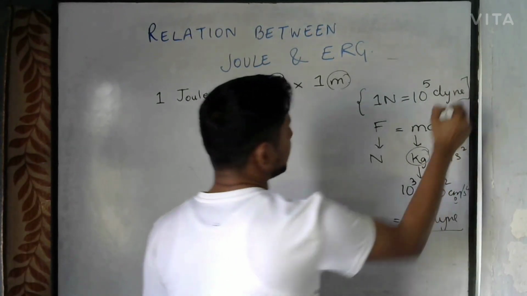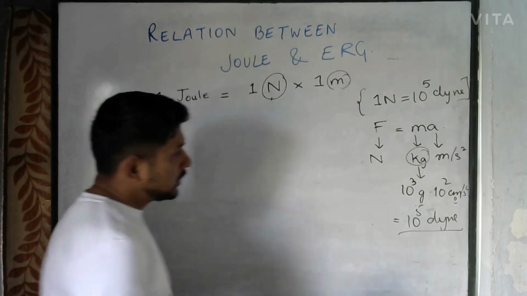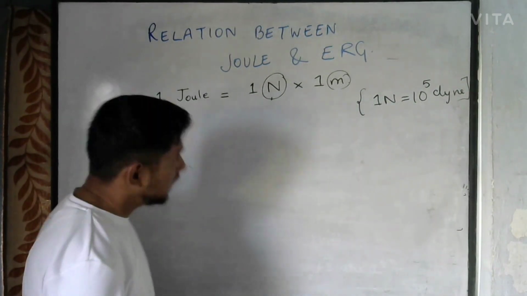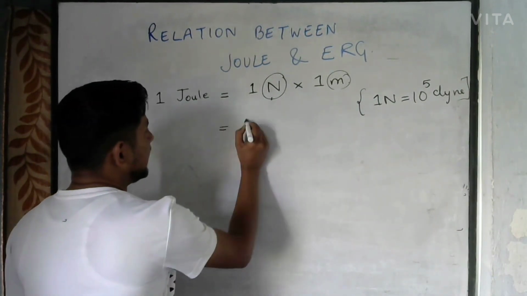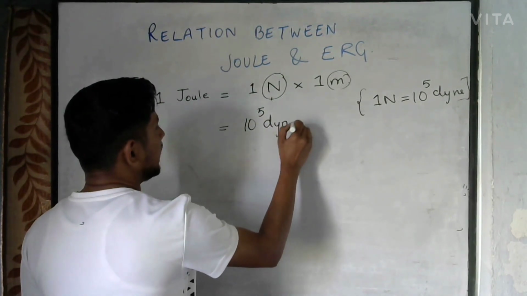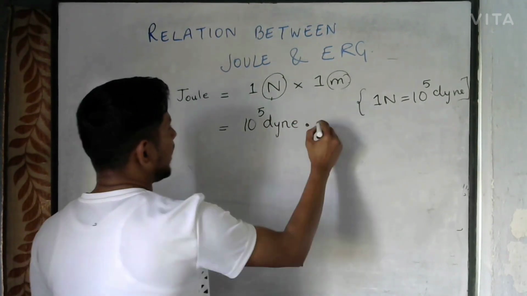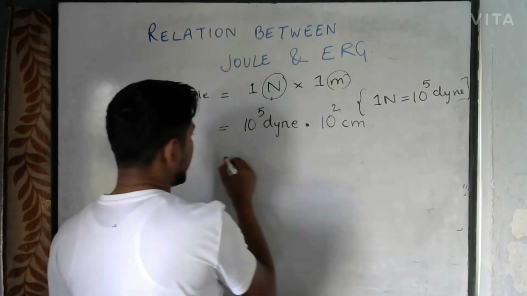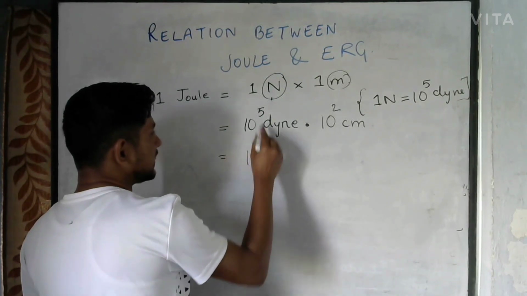Okay, you need to remember this. So I'll just use this value. This will be 10 to the power 5 dyne, and 1 meter will be equal to 10 to the power 2 centimeter, right? This is coming as 10 to the power 5 and 10 to the power 2.